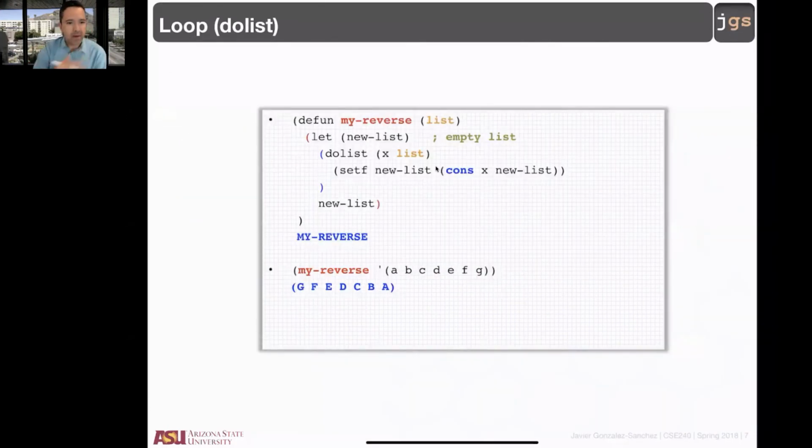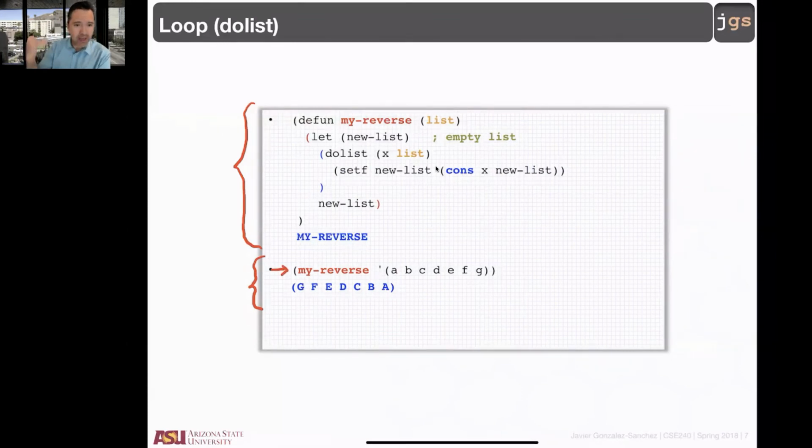Let's see. Now that we have all these instructions, we can put things together. Can we agree that what I have here is the definition of a function? Is the first part. That function is going to do things, but that function is going to be able to be called as this.